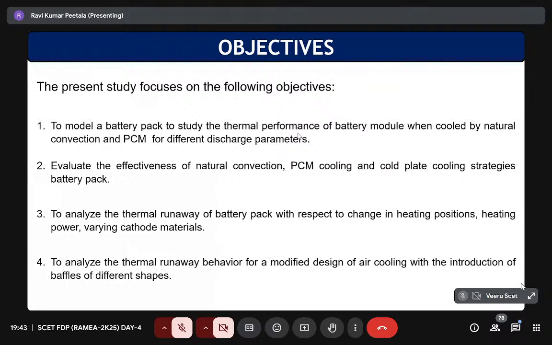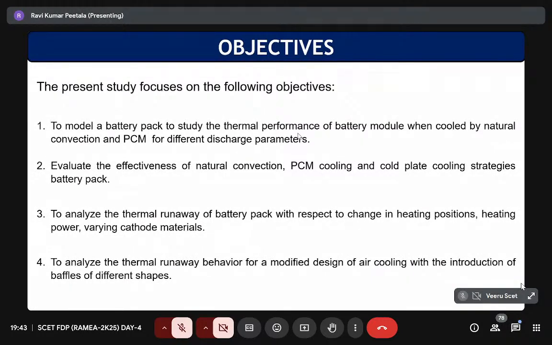The faster the rate at which we draw energy from the battery or charge it, the more power we are sending to the system, so the temperatures also increase due to resistive losses and other things. So we want to see the effect of different charging rates, and if we make them faster, how the temperatures rise and how to cool it.